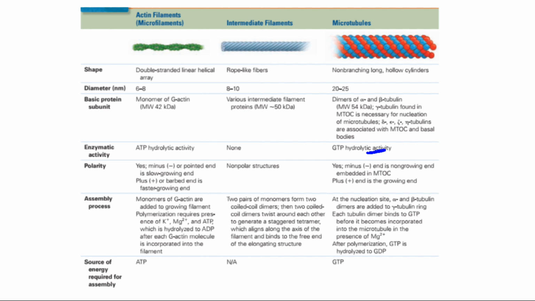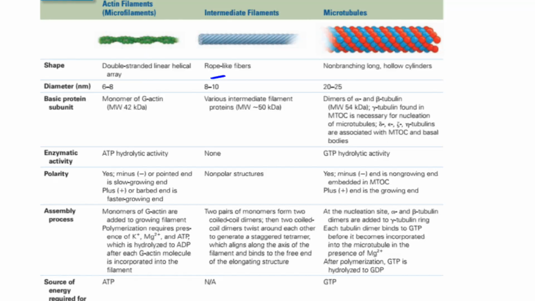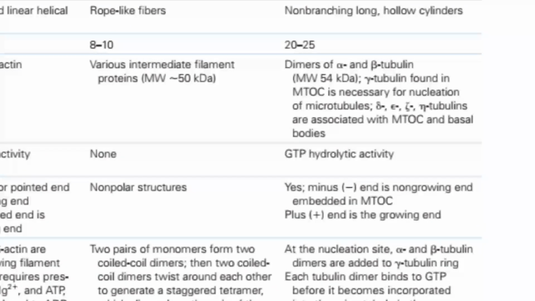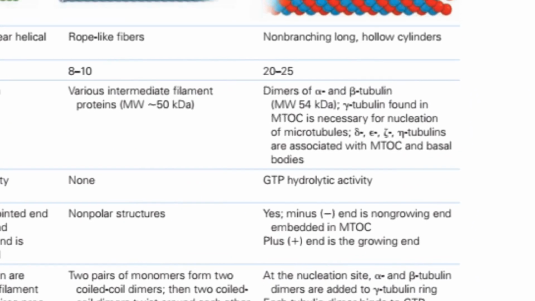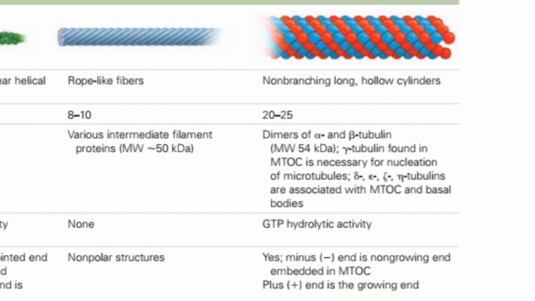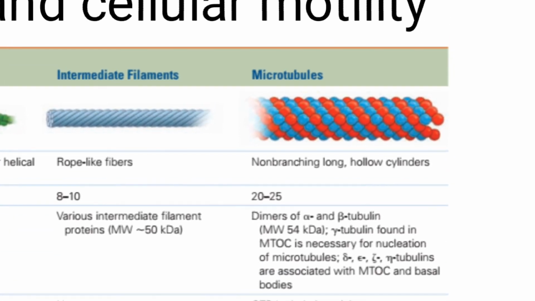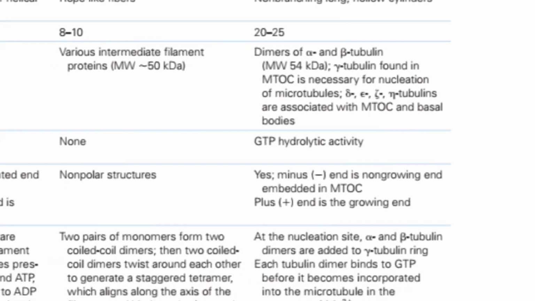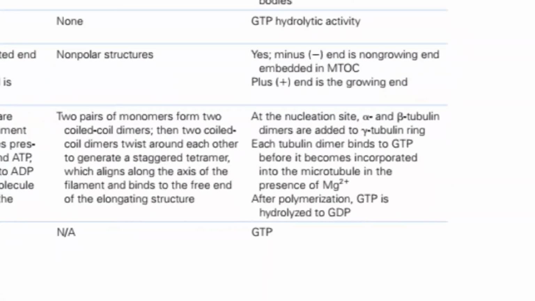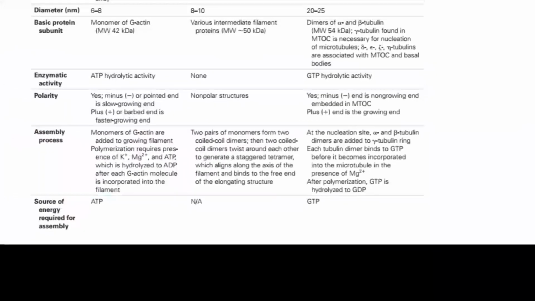And then finally you have microtubules. Microtubules grow and regress, right? They also exhibit dynamic instability, and so we rely on proteins to help them retain their shape. Microtubules in the cell are important because there are other proteins that can travel on microtubules.